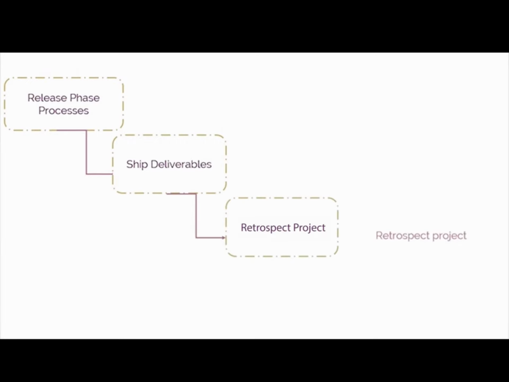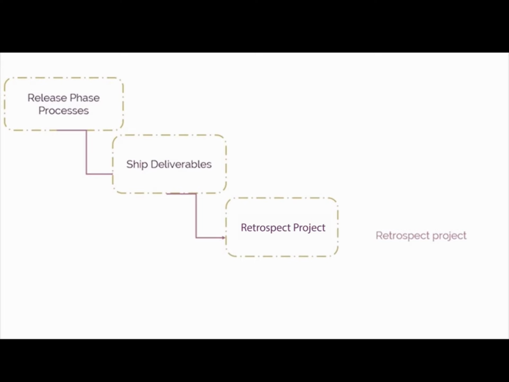The first process is ship deliverables. In this process, accepted deliverables are delivered or transitioned to the relevant stakeholders. A formal working deliverables agreement documents the successful completion of the sprint. The second process is retrospect project.